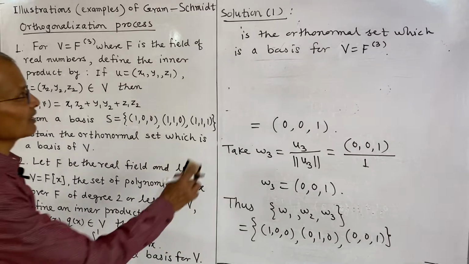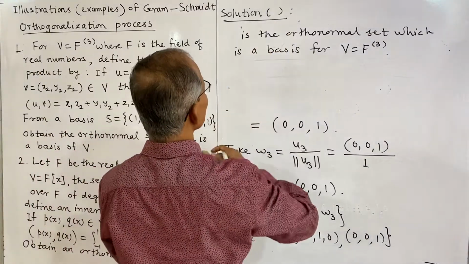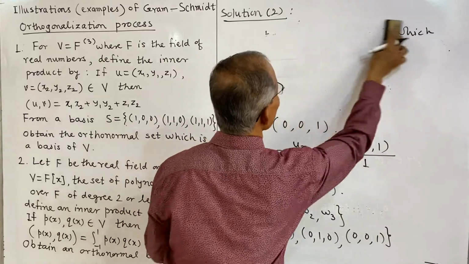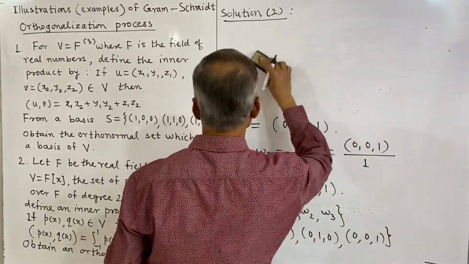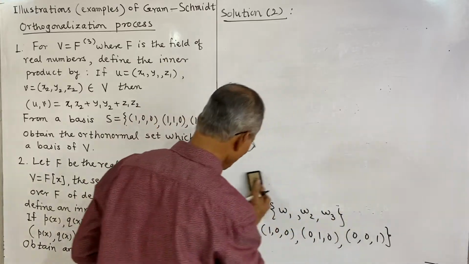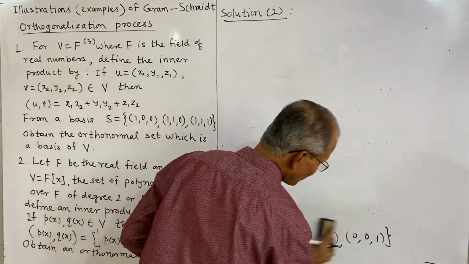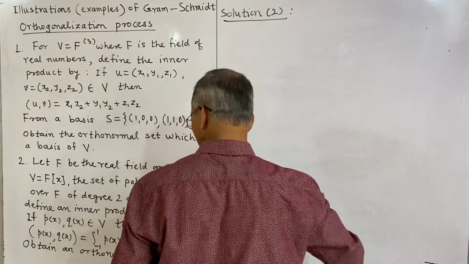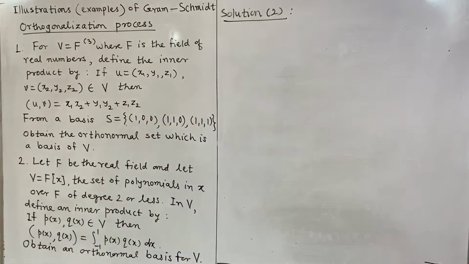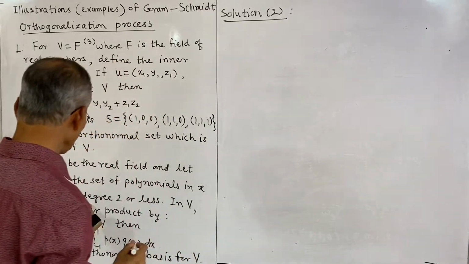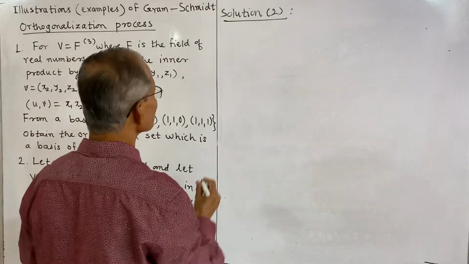So we shall start with the solution of 2. First we have to write a known basis for V. You see, V is the set of polynomials in x of degree less than or equal to 2.